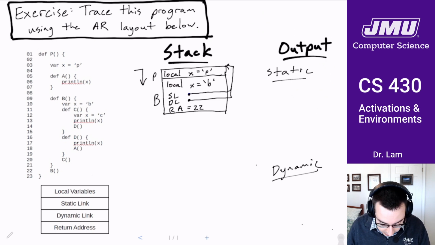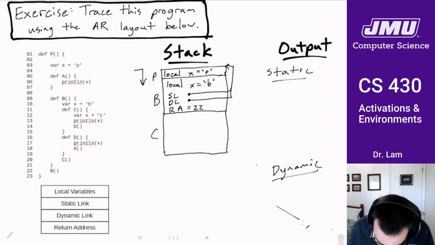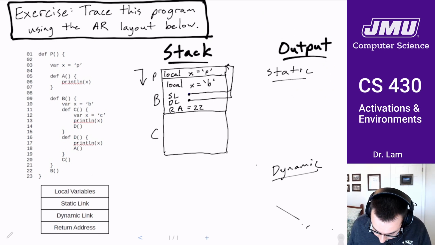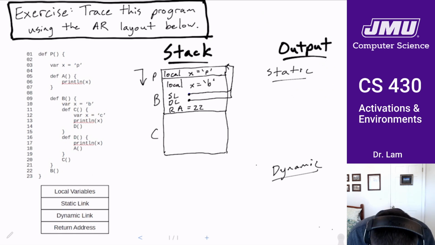Then the only thing that B does is it calls C. Again, C is going to have all four of these things. It's going to have local variables, a static and dynamic link, and a return address. So I'm going to leave enough room for all of those things here. So this is the stack record for C. It has a local variable called x.